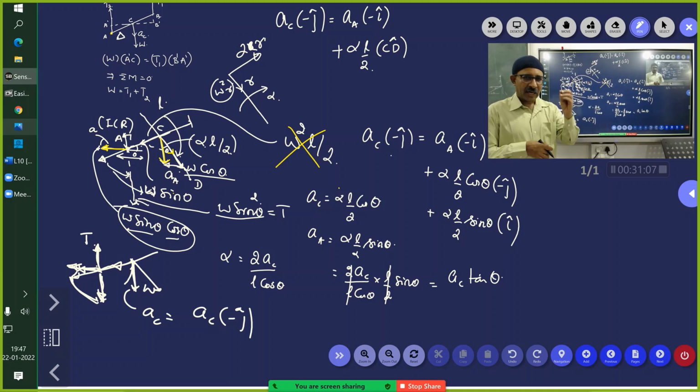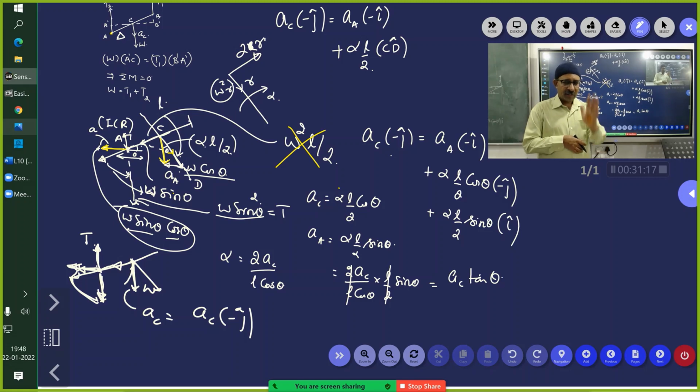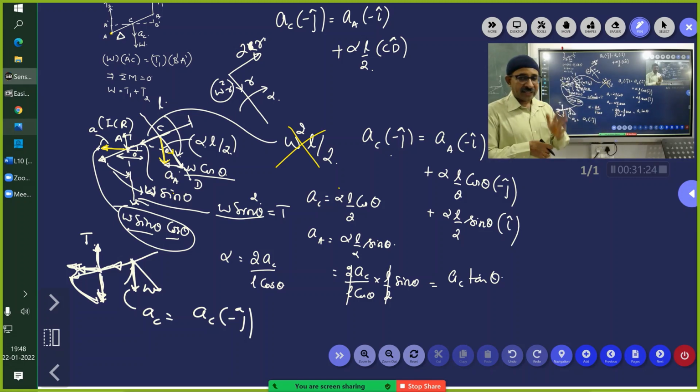Therefore, I immediately wrote AC as AC minus j cap. So the center of mass has transited only along the vertical direction. Got it?